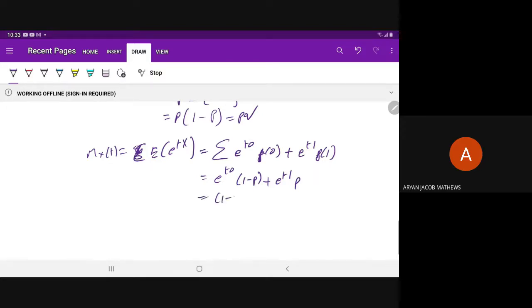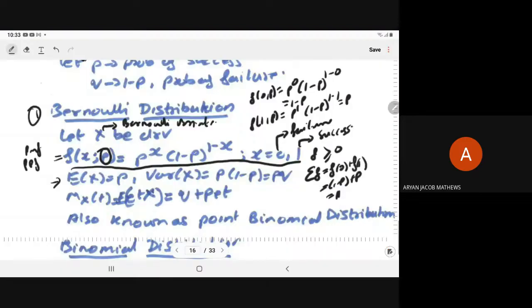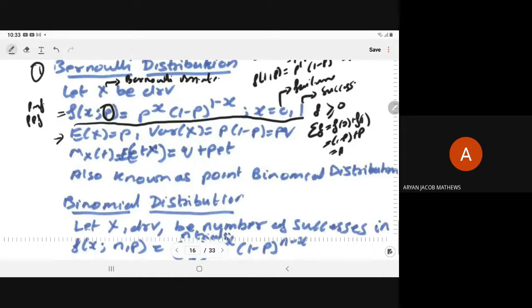So it becomes 1 minus p plus p e to the power t, which is q plus p e to the power t. So here we have q plus p e to the power t.